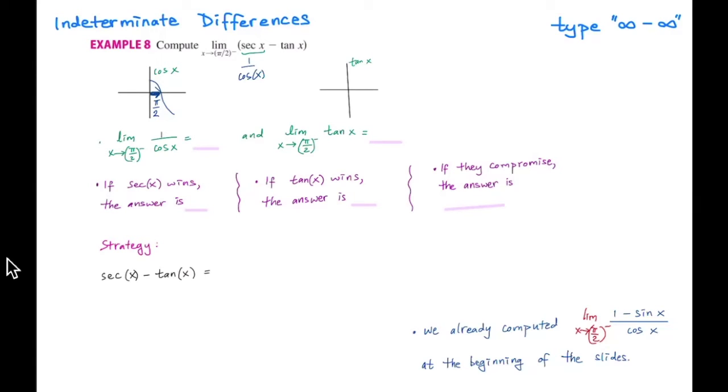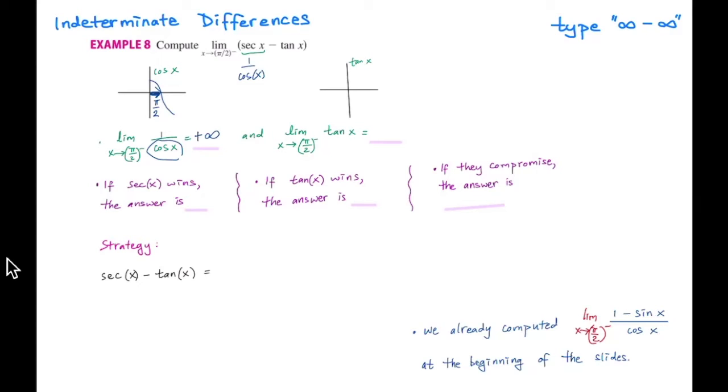And so if you're approaching pi over 2 from the left of 1 over cosine of x, that means you can make this denominator be as small as you want. And so the whole thing can be made as big as you want. So the symbol is positive infinity.